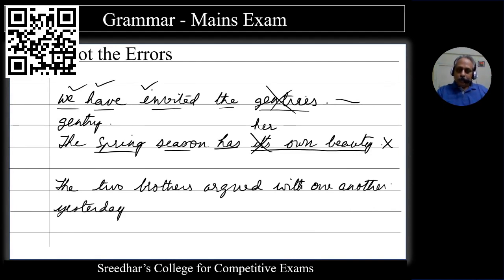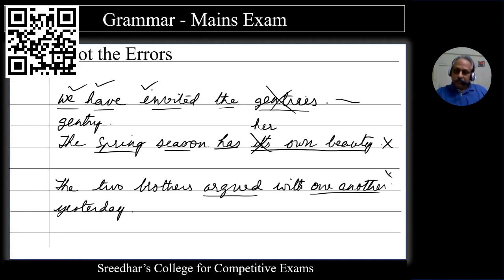The two brothers argued with one another yesterday. The moment you see the time phrase, you got to think of the tense. Yesterday goes with past tense. It is in past. So tense-wise, there is no problem. Then where is the error? The two brothers argued with one another. You should know one another.